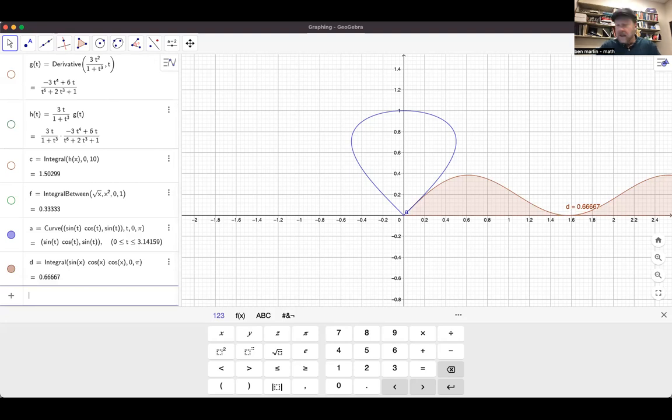We hit enter, and we should be getting 2/3. So somewhere I dropped a minus sign on this, but we should be getting 2/3 out of it. I will put that on the iPad, and I will fix that before I let y'all have the final notes of it. Okay, sorry.